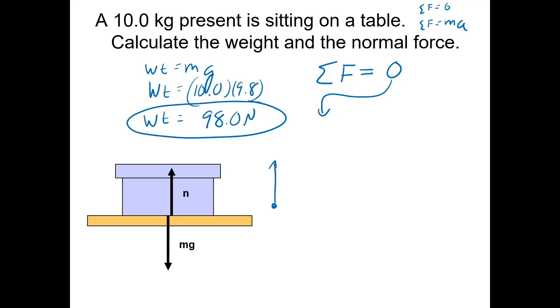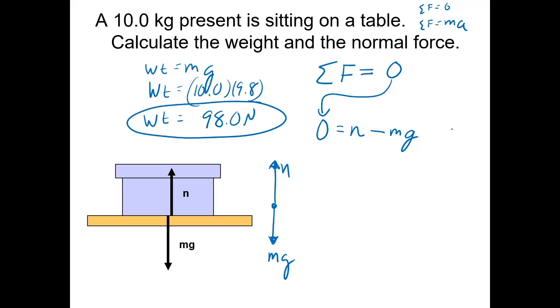I should have drawn that first. Normal and mg. Normal is pointing straight upward in the positive y-axis. So that means it's positive. mg is pulling downward. It's negative.